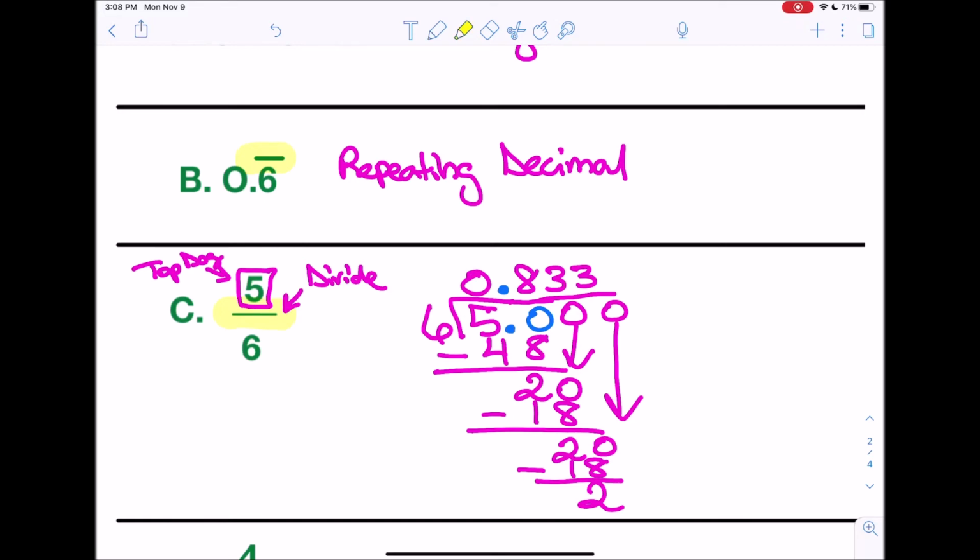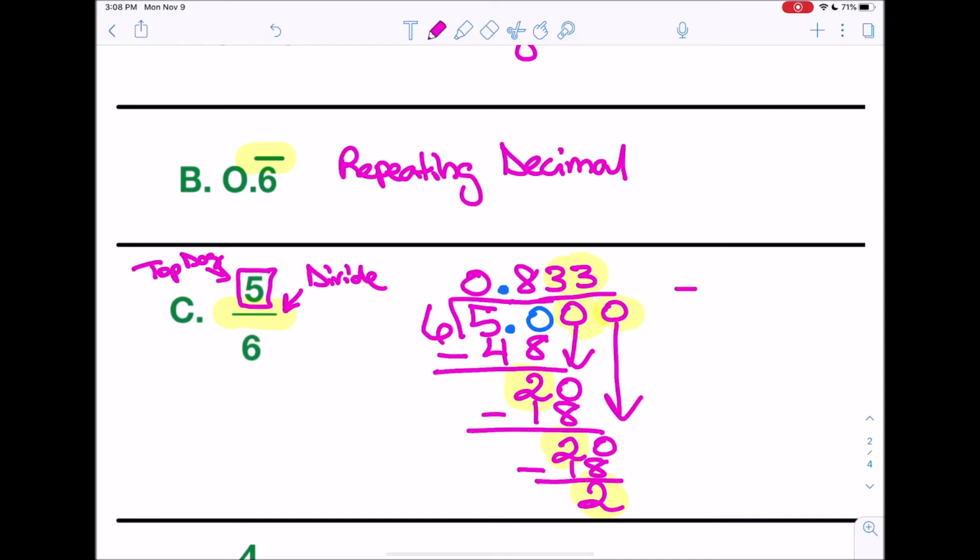After we did the 6 goes into 50, right, the 8 times, now we keep getting 2 as the remainder. And as long as we keep getting 2 as a remainder and we drop down zeros, we're going to keep getting 20. And 6 only goes into 20 3 times. So that means this 3 is going to keep repeating.